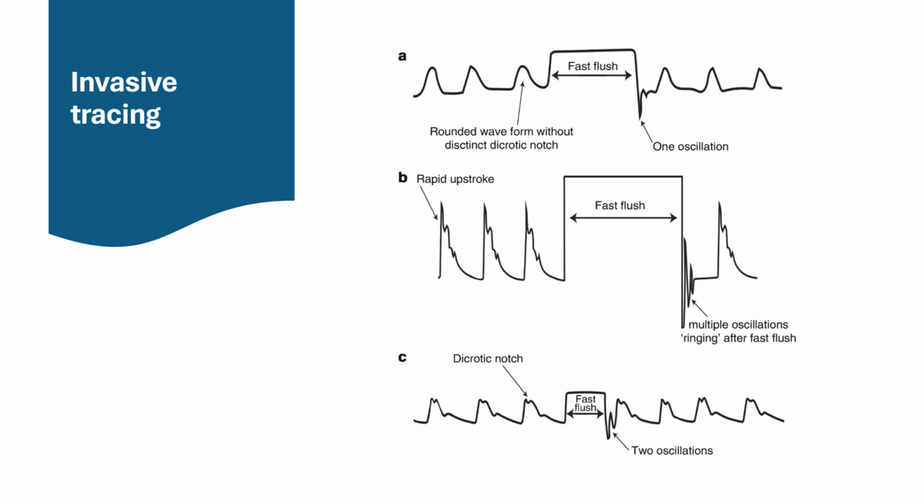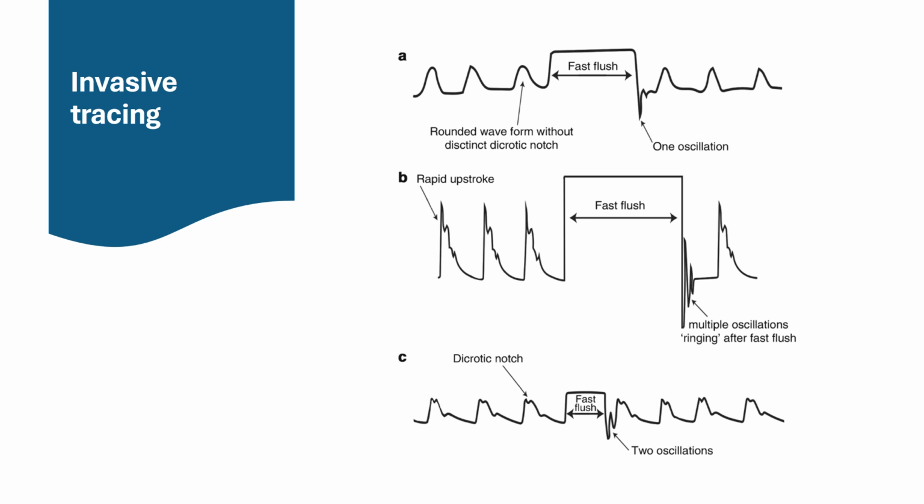And again, let's take a look at some examples. What can you do to see whether your system is under- or over-damped? We can do what is called a flush test. After the flush test, if we see 1.5 to 2 oscillations, that is considered normal.